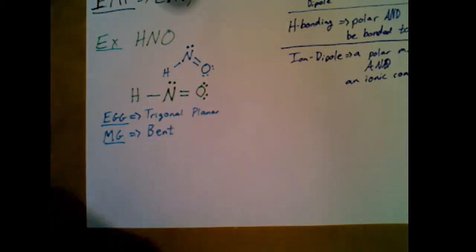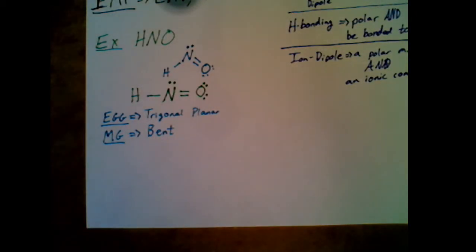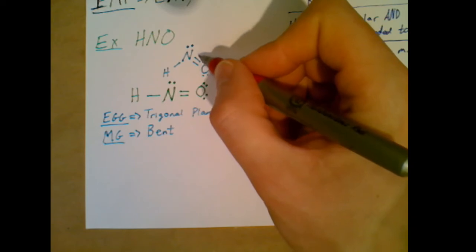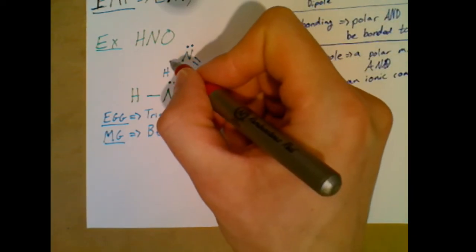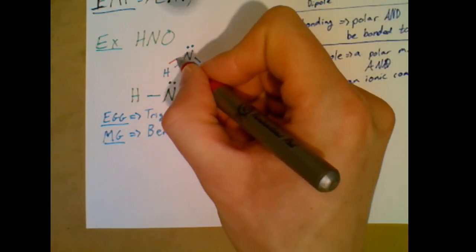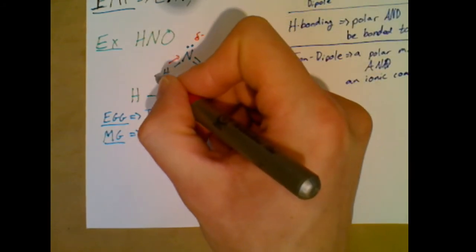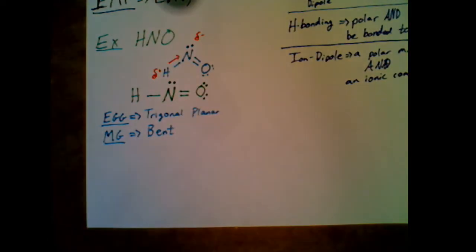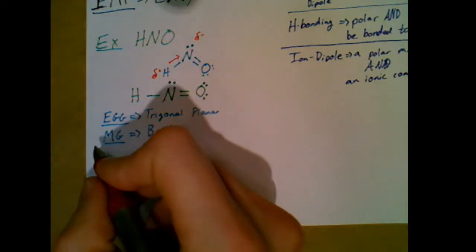And now let's think about the polarity. Well, this bond is not going to be a huge difference, but you end up having quite a big electronegativity difference here. The nitrogen is going to be slightly negative. The hydrogen is going to be slightly positive. You really get two totally different sides of this molecule.